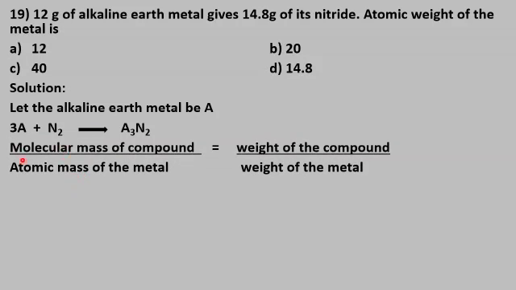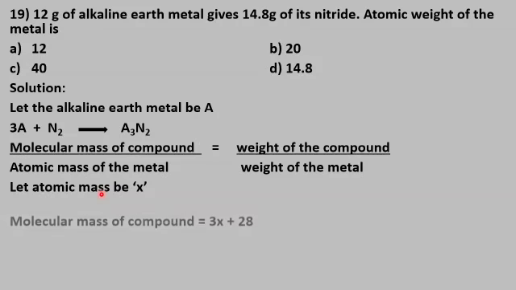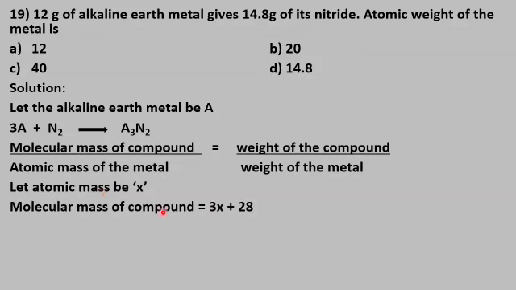So, we know that molecular mass of the compound divided by atomic mass of the metal is always equal to weight of the compound divided by weight of the metal. So let me take atomic mass as x, and therefore molecular mass of the compound becomes 3x plus 28, because here 3 atoms of metal A are present. So 3 into atomic mass of metal A, that is 3x, then molecular mass of N2, that is 28, 14 plus 14 is equal to 28.